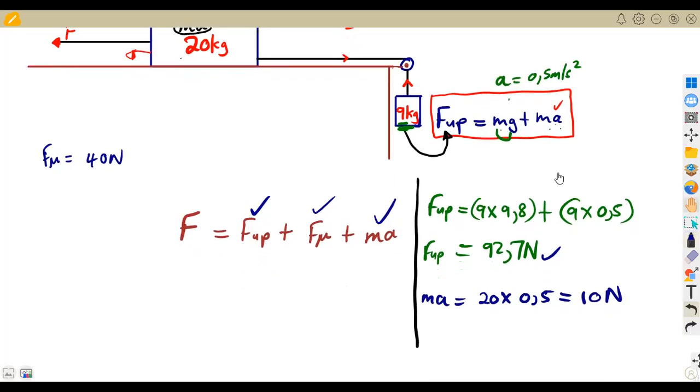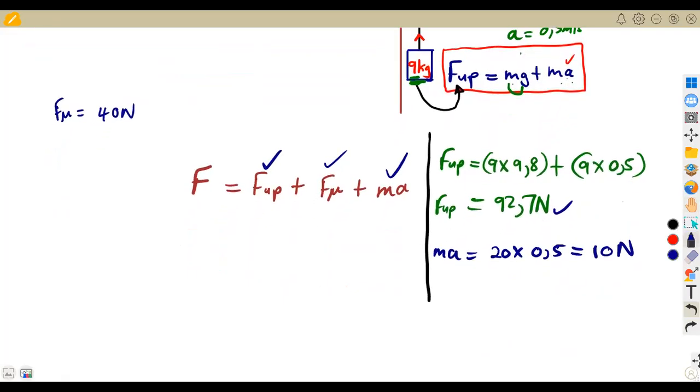So now with these forces, we are going to combine them to obtain our F, because our F is going to be the sum of all the forces that we are given. Our F up, 92.7, plus the frictional 40 Newton, plus MA, which is 10.